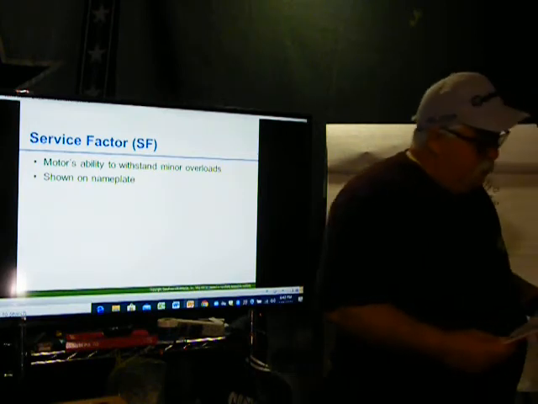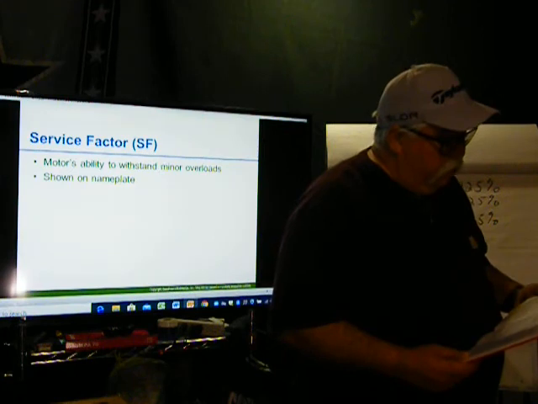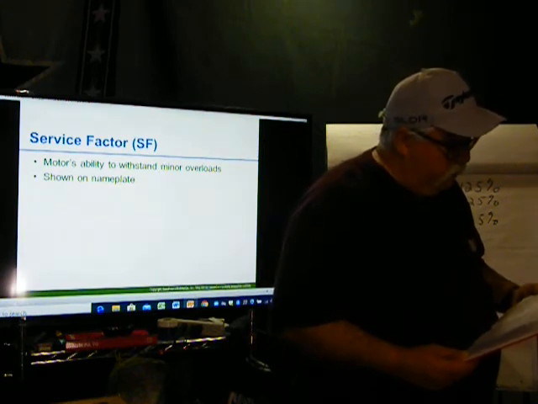And it says, what is the maximum output of a motor rated 30 horsepower with a service factor of 1.25?